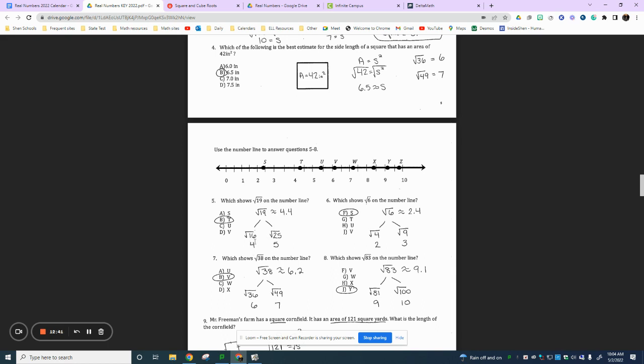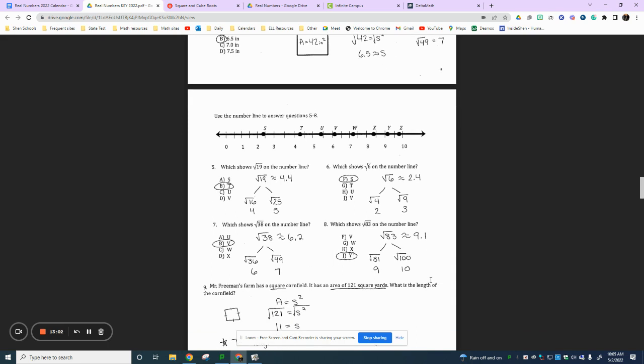So when I take the square root, I get integers, 4 and 5. So now the square root of 19 is pretty much in the middle of 4 and 5. So 4.4, which would be a little less, is the best answer for that one.